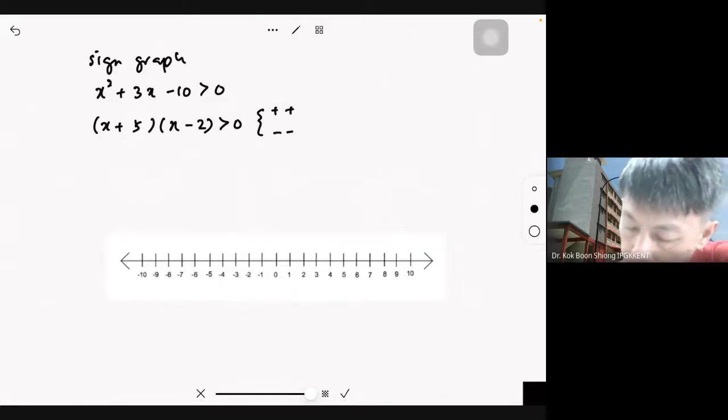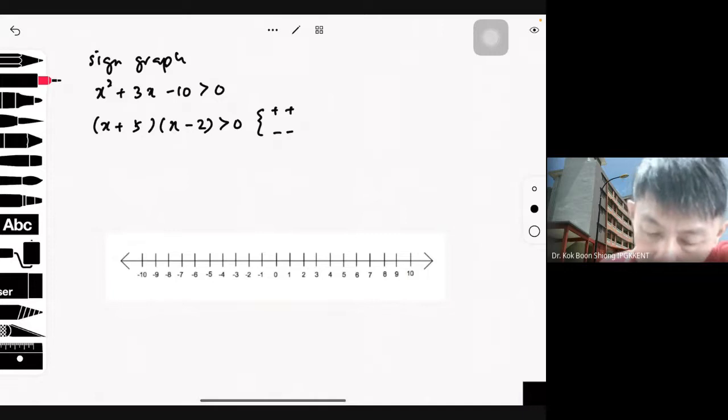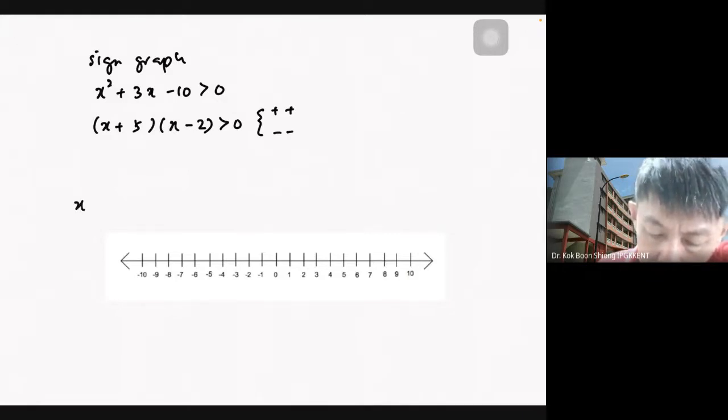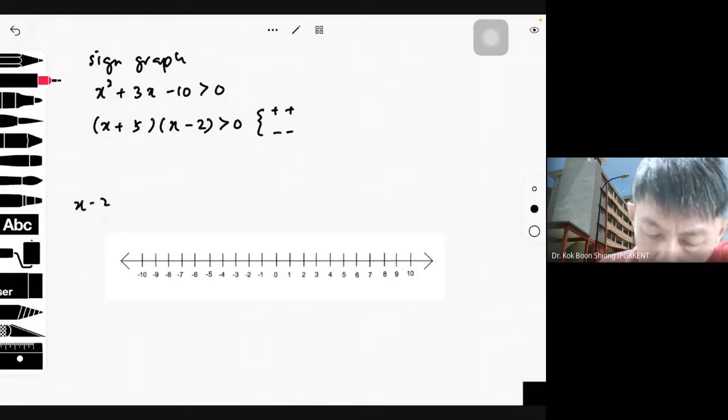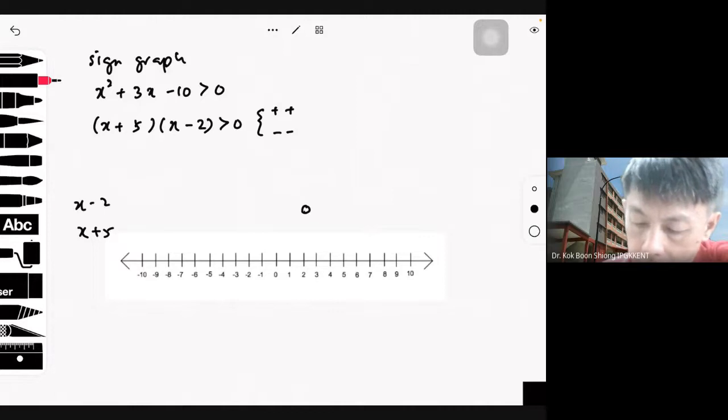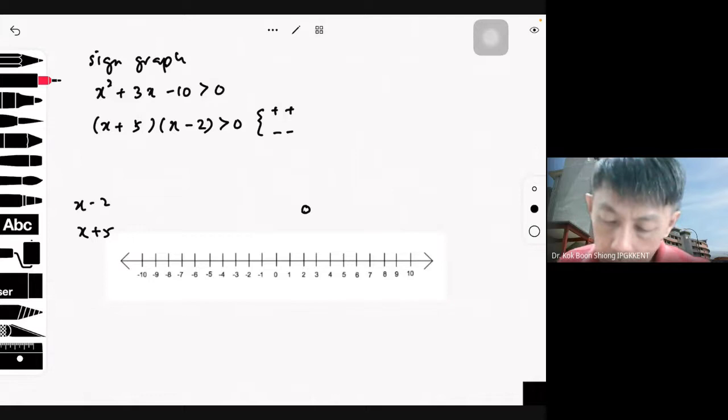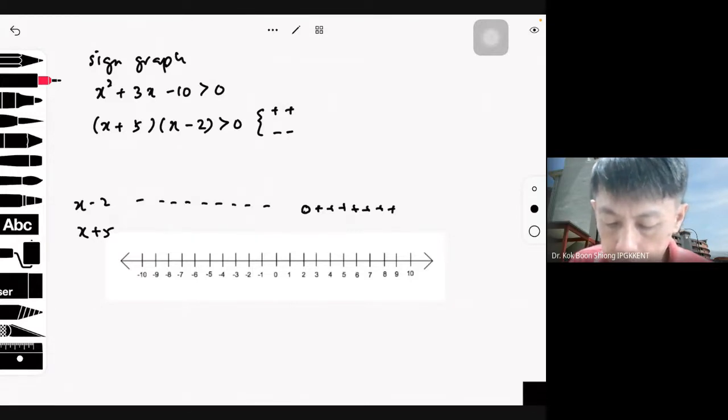So now we have two factors: x minus 2 and x plus 5. When x equals 2, this is 0. So this side will be all positive, and this side will be all negative.